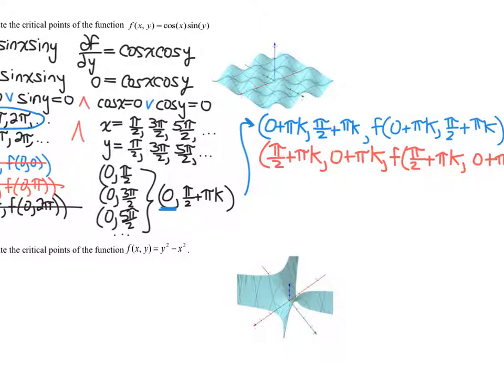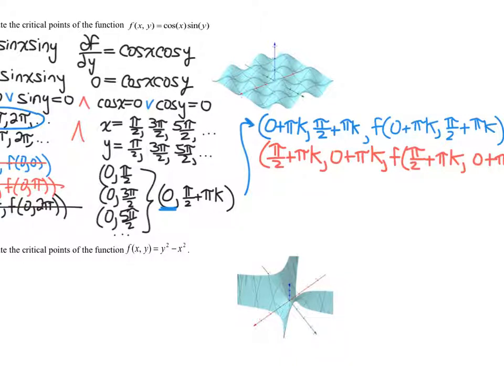So let's say, for example, I wanted to go with pi over 2 for x and 0 for y. If I do that, I'll get a 0 in the original function. So that would actually be a saddle point, because that's neither max nor min.